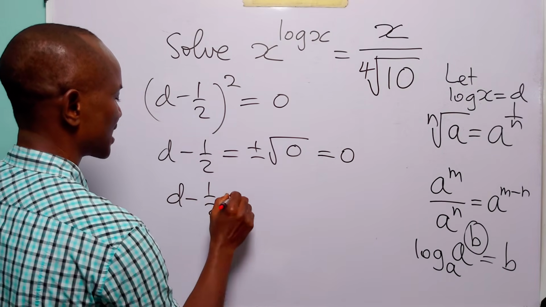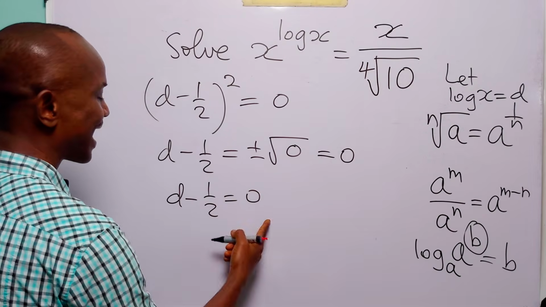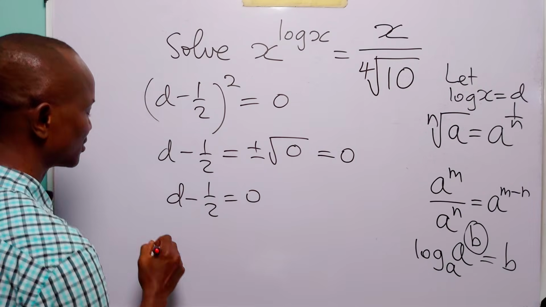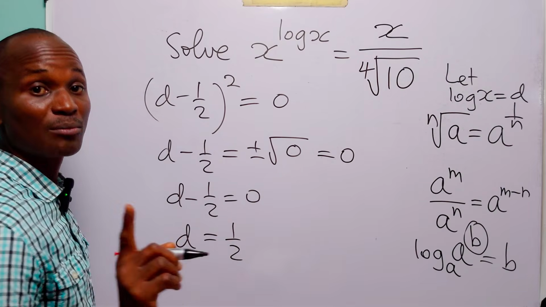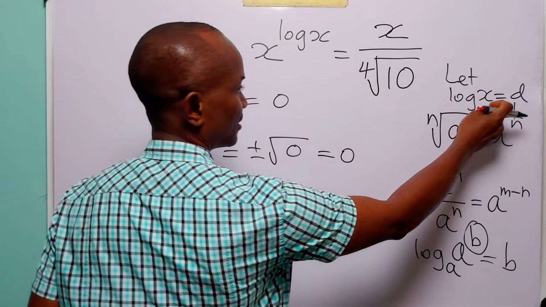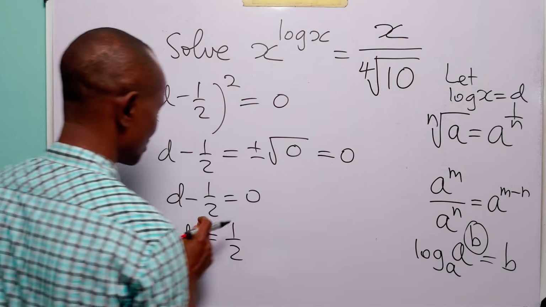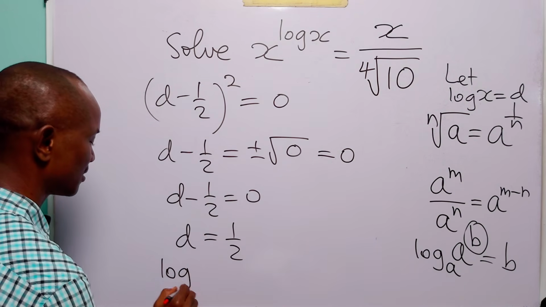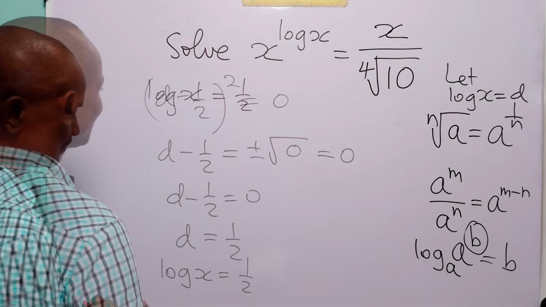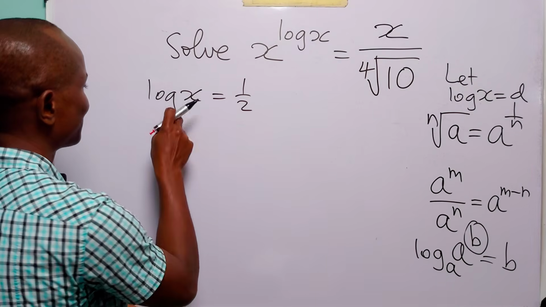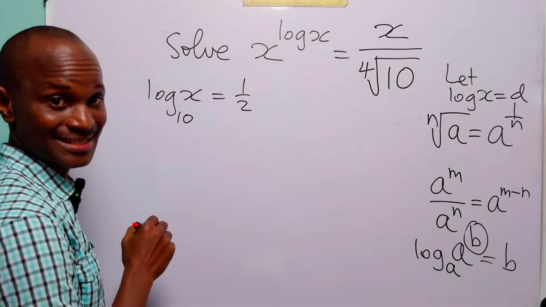So d minus half is equal to 0. Adding half to both sides of this equation, we have that d is equal to half. But let us not forget that d is equal to log x. So from here, we have that log x is equal to half. And once more, let us remember that this is to base 10.